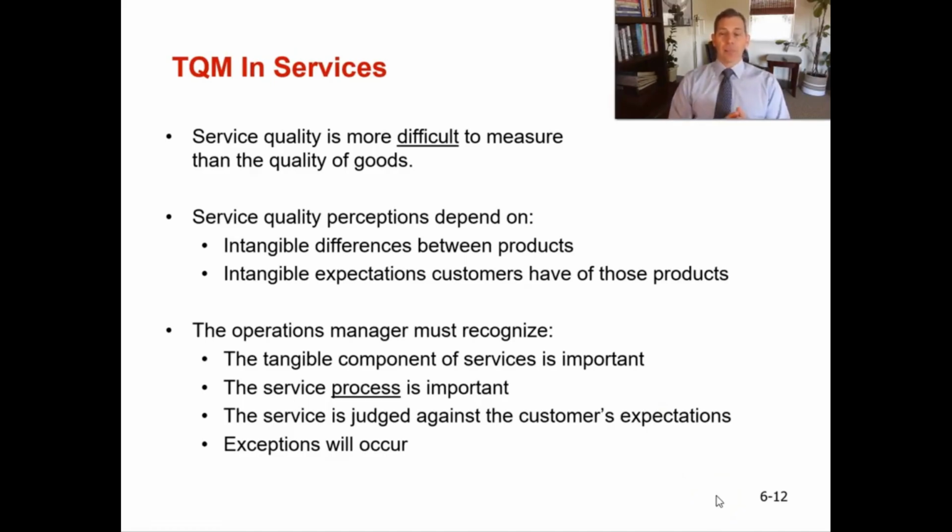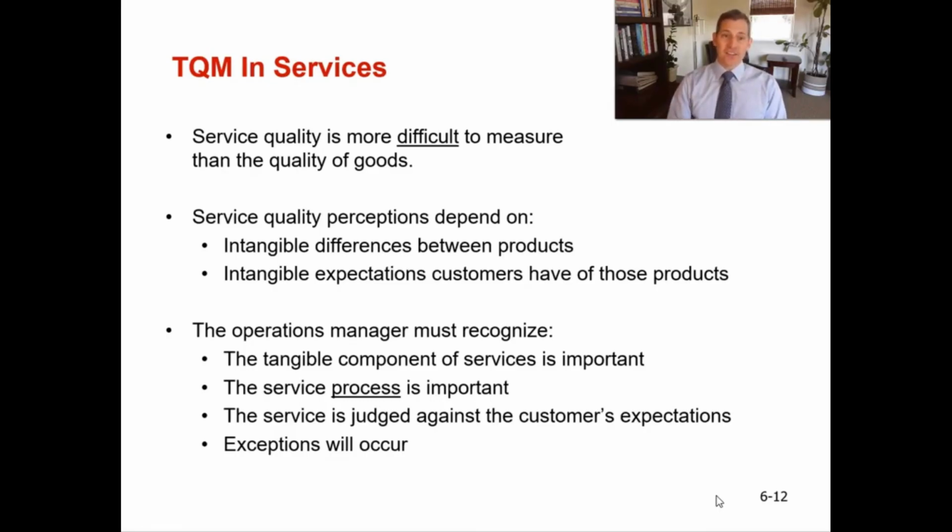And in the very first video we saw in this course, in chapter 1, I talked about the differences between goods and services, and how services are harder to gauge, they're harder to measure, especially for productivity, but also for quality. So when we talk about service quality, it's more difficult to measure than it is for the quality of goods.